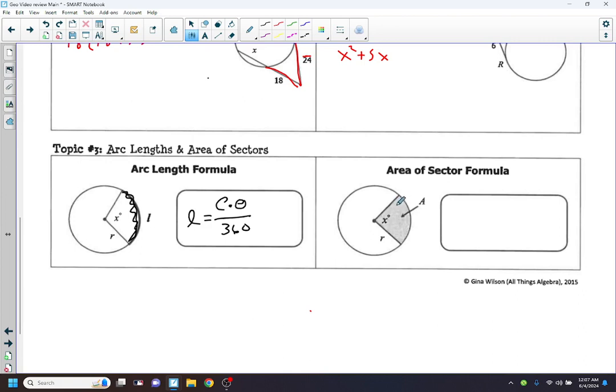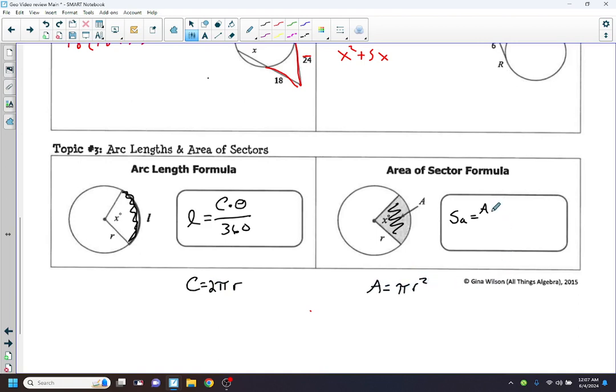Now I'm talking about the area, so if this was a field, we're talking about the grass on the inside. It's going to be the sector area. I'm going to call it SA for sector area. So it's just this little piece here, the pizza slice, is going to be whatever the area of the circle is. And I should remind you, circumference is 2 pi r, and the area of a circle is pi r squared.